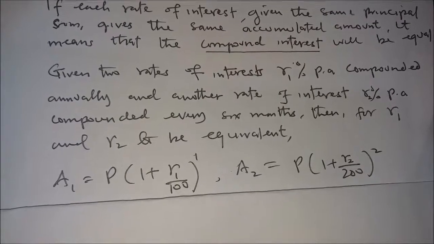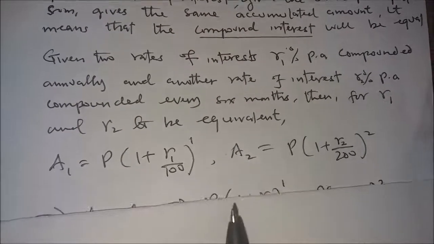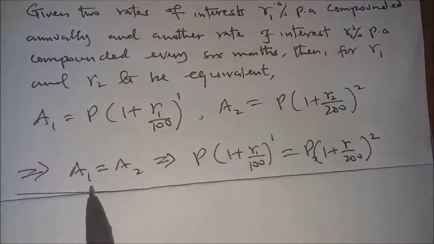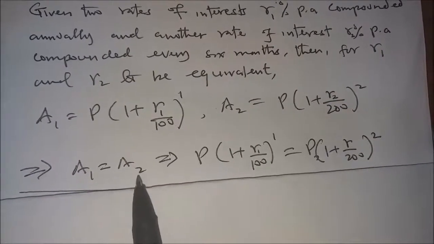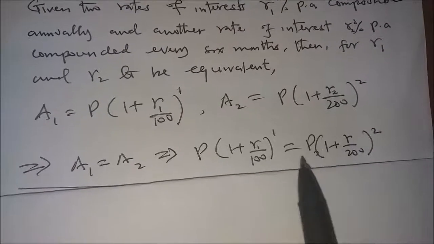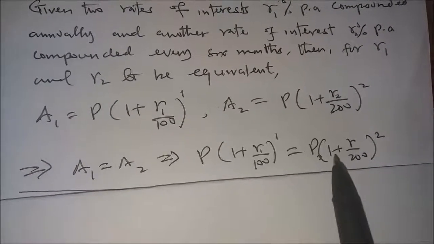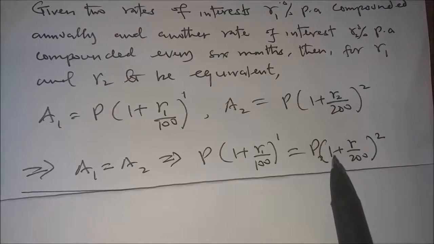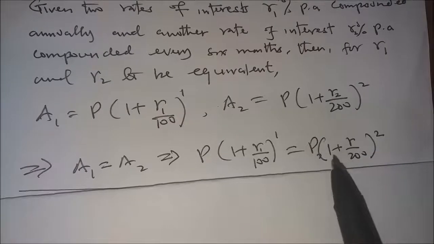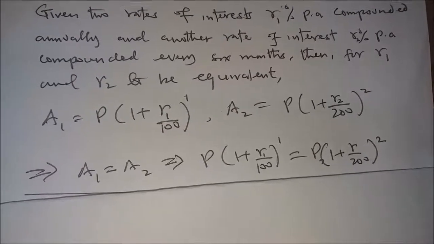Now, if the two rates of interest are equivalent, then it means the two amounts will also be equal. And we have this kind of equation. This is the case when the two rates of interest R1 and R2 are equivalent.